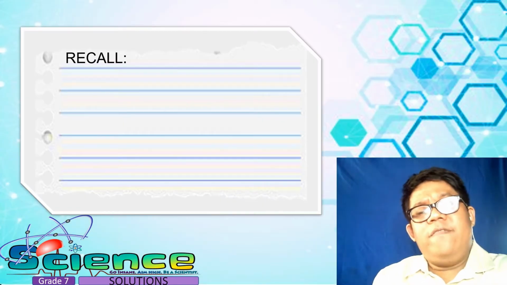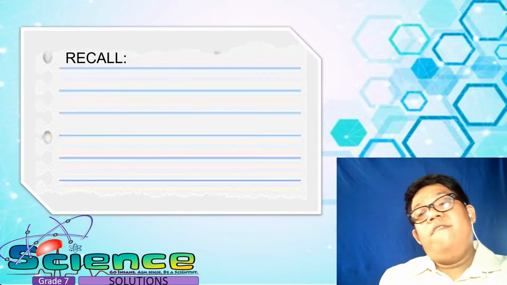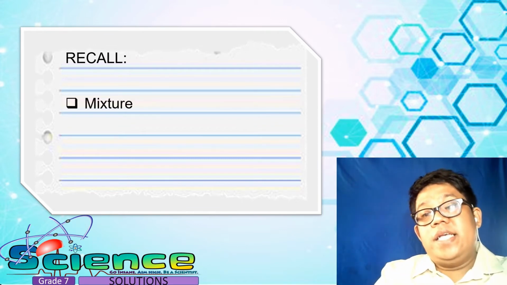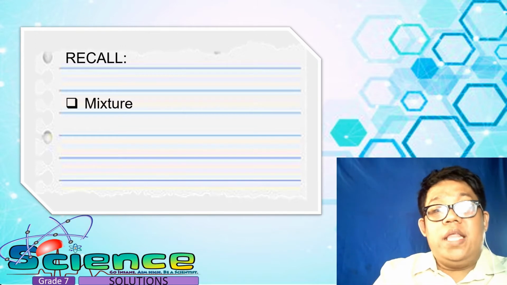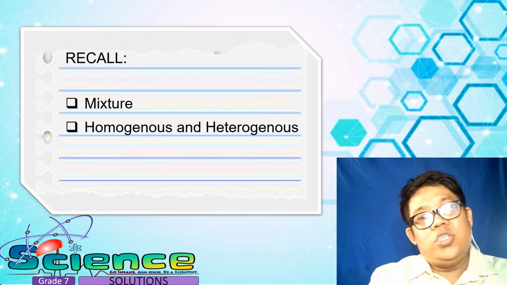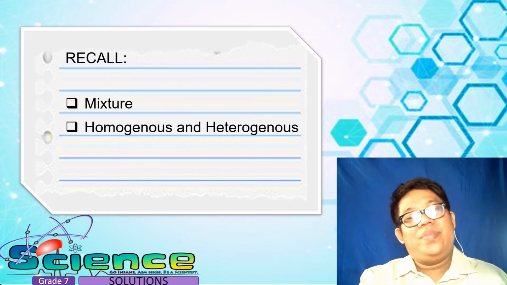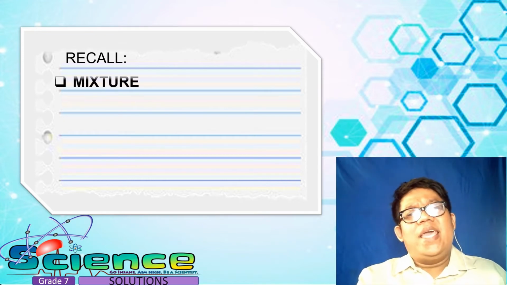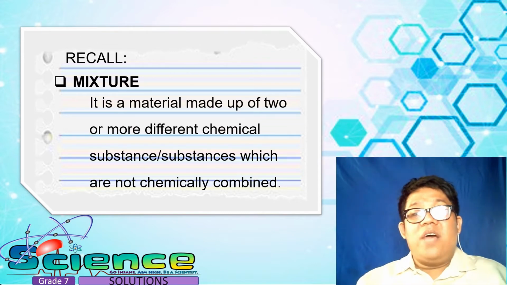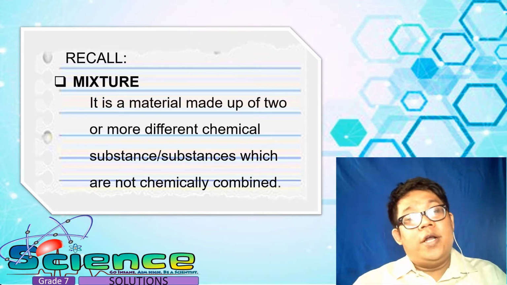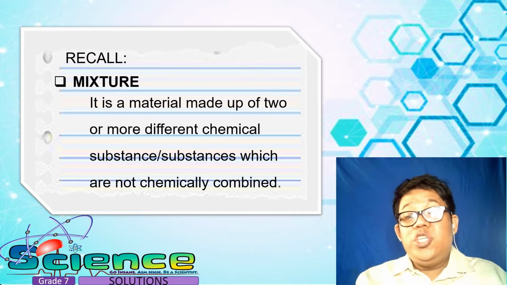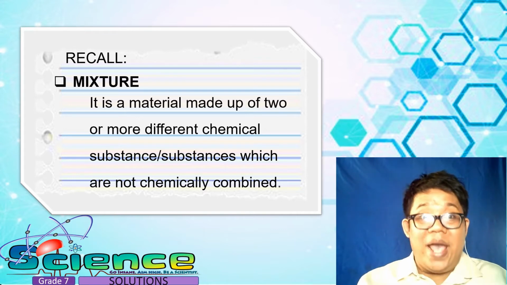In your previous module, we have discussed the characteristics of mixture. And mixture can be homogeneous and heterogeneous mixture. When we say mixture, it is a material made up of two or more materials or chemical substances which are not chemically combined.